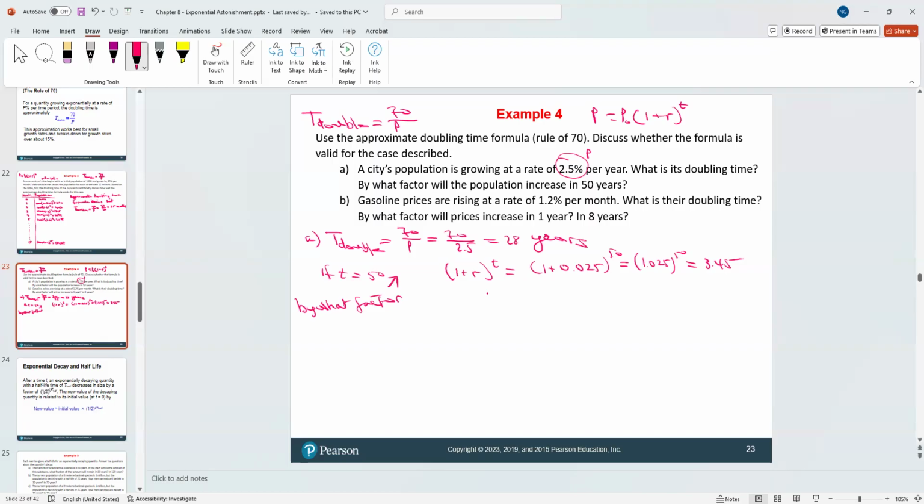And it says, discuss whether the formula is valid for the case described. What you can say here is the approximate doubling time does a reasonable job. I think it's definitely reasonable because, first of all, it's under 15%, which is great. Usually I do want examples and I leave one for you following the same types.